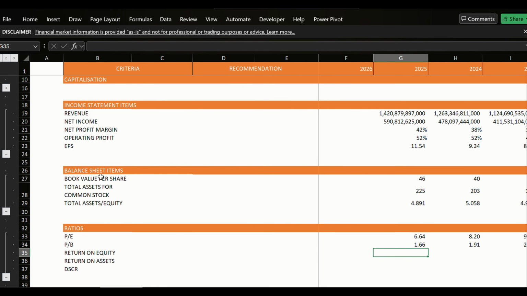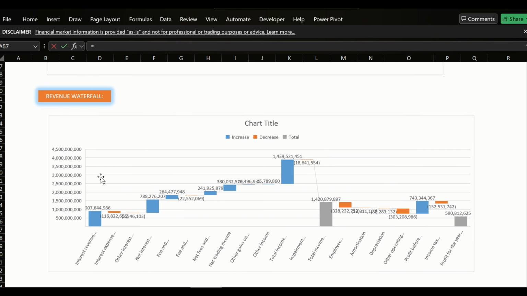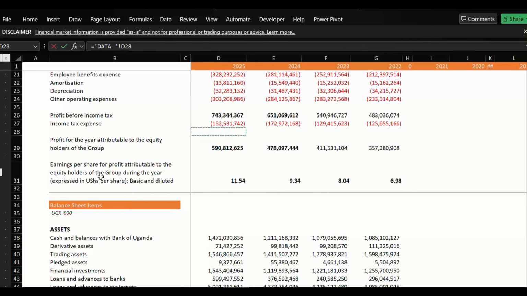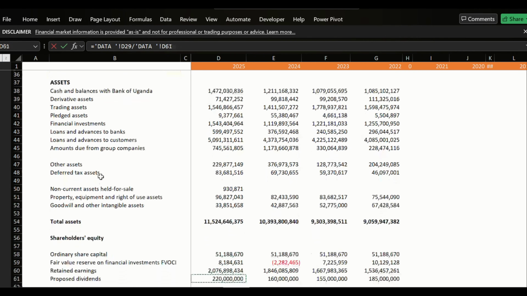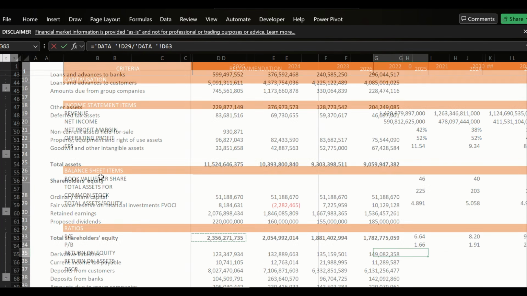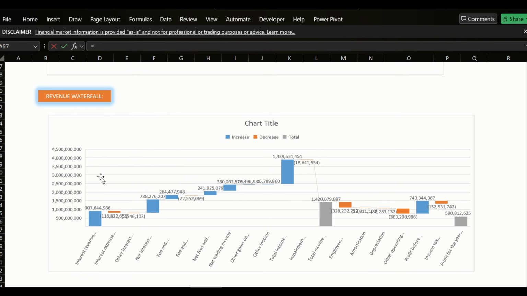Then the return on equity. Everything is linked to the data type. So I should change from the data type net income divided by shareholders' equity, to net income divided by total assets. Just give me a moment.